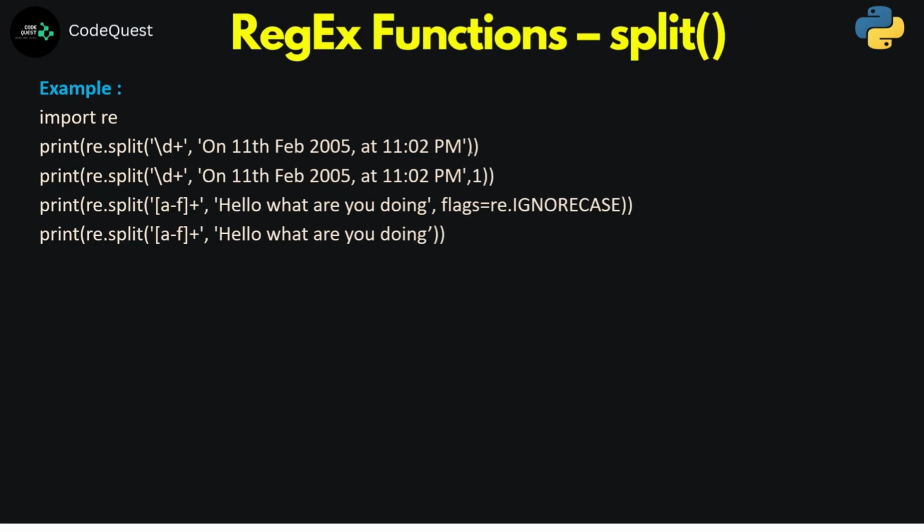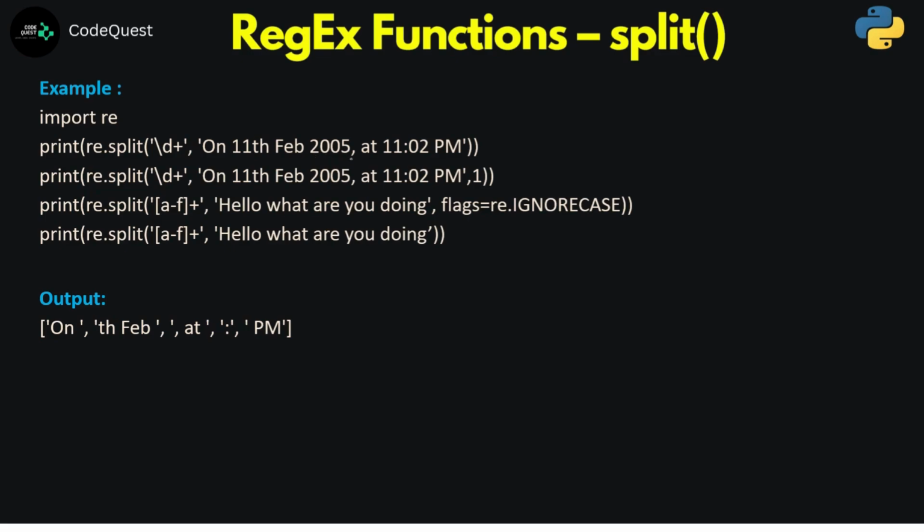Because I have not mentioned maxsplit here, it is 0 by default. So we are getting this 'on' and up to the space. And because here we have found a digit, that is 11th, it is going to ignore this, and from here it is going to cancel, like 'th', space, 'feb', again space.